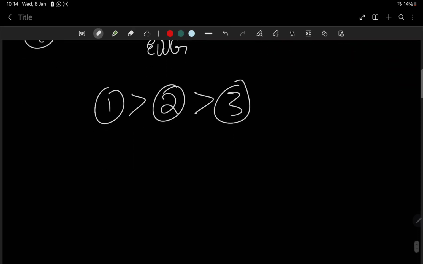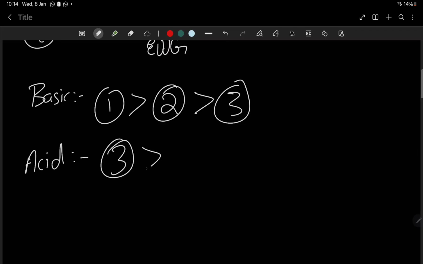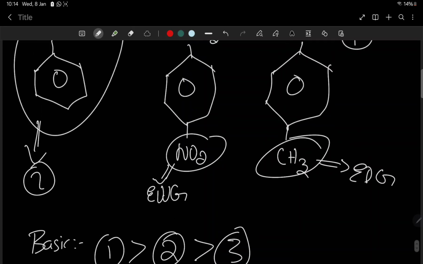If they ask for the acidic character, then write it as 3, 2, 1. The least acidic is 1.